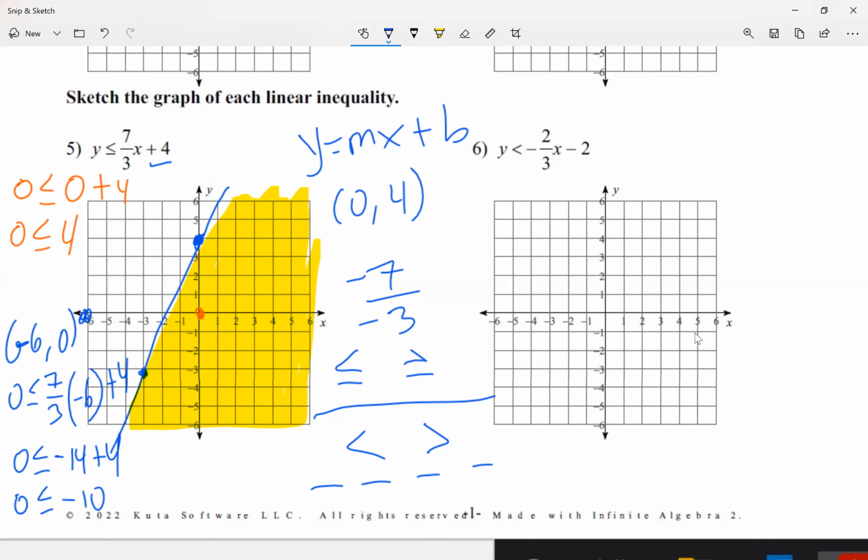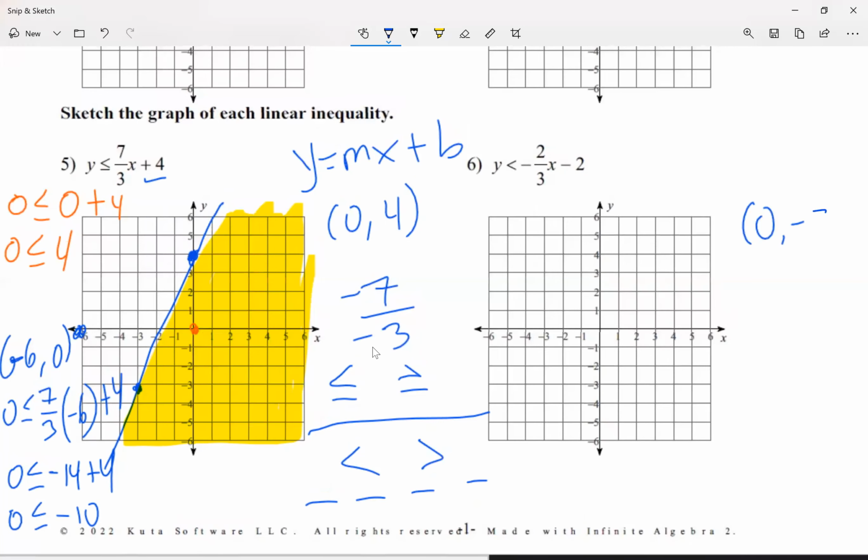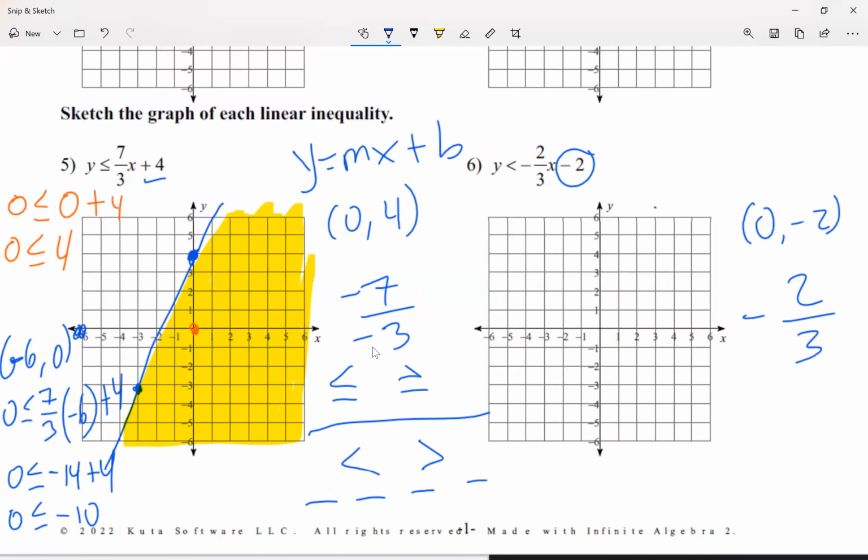Let's take a look at question number 6. Let me graph this real quick. I'm going to begin at the point (0, -2), and I know that because right here. And my slope is -2 over 3. All right, let's start with the point (0, -2).